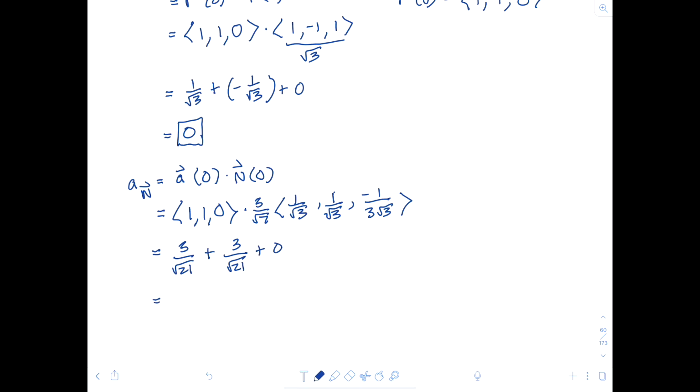So that's going to give us 6 over root 21.